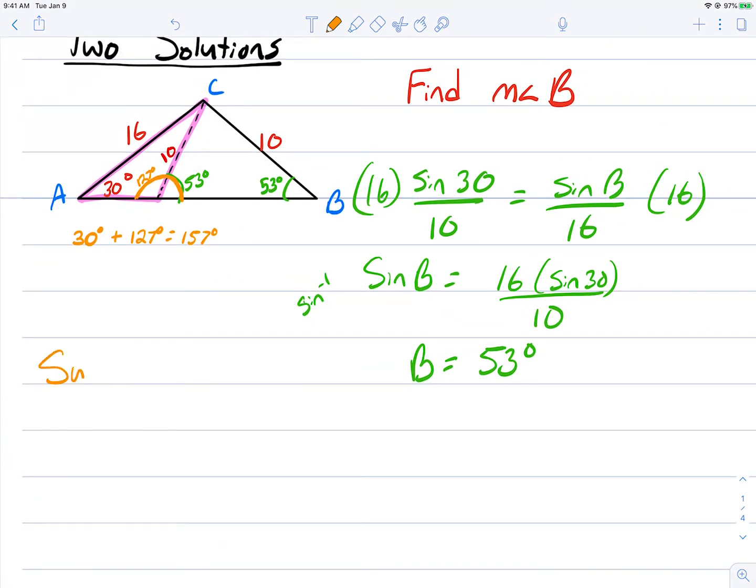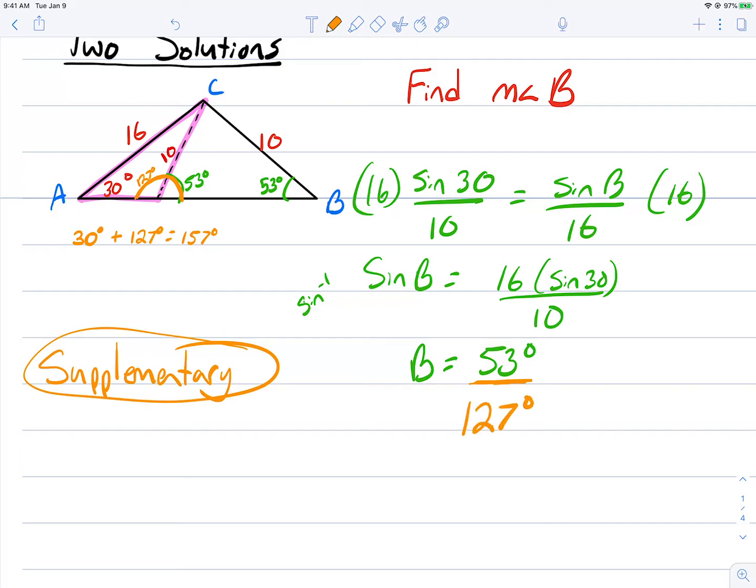So the idea of supplementary is going to be what you're looking for. You're going to take the 53 degrees, its supplement is 127 degrees, and you're going to ask, does that fit in the triangle? Since the answer is yes, this is two solutions.